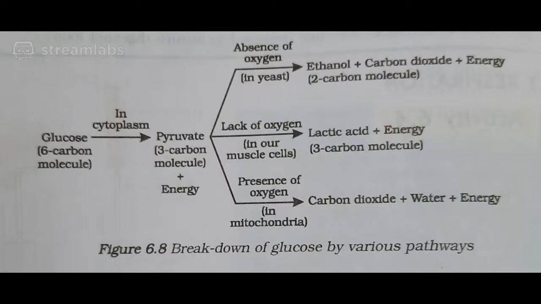The glucose, when it enters into the cytoplasm, converts into pyruvate. Usually glucose is a 6-carbon compound. Pyruvate is a 3-carbon compound. As soon as glucose enters into the cytoplasm, it converts into pyruvate.